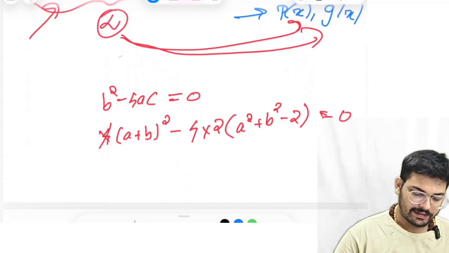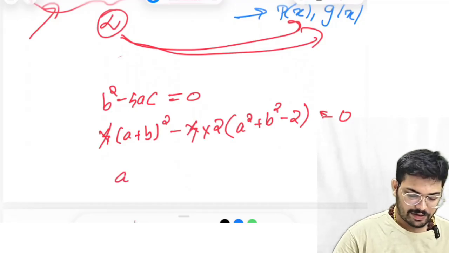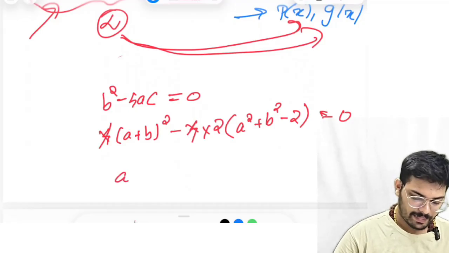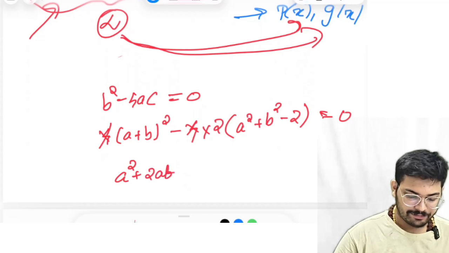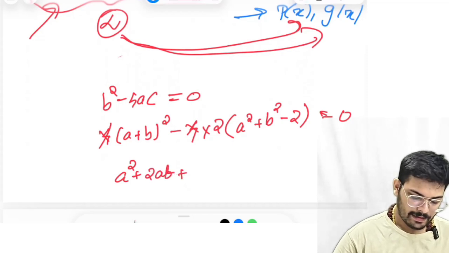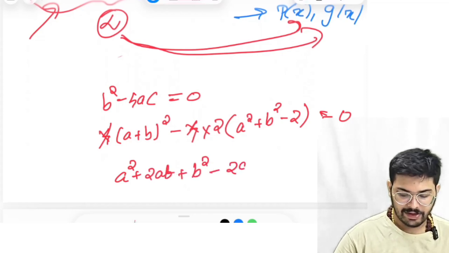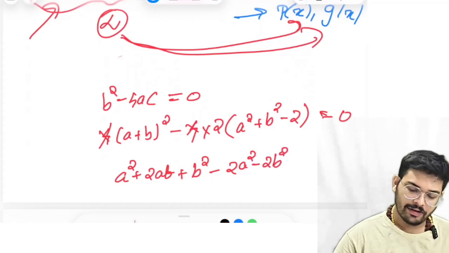Now we can cancel this 4 from here. Now a square plus 2ab plus b square minus 2a square minus 2b square, minus of minus plus 4 equal to 0.